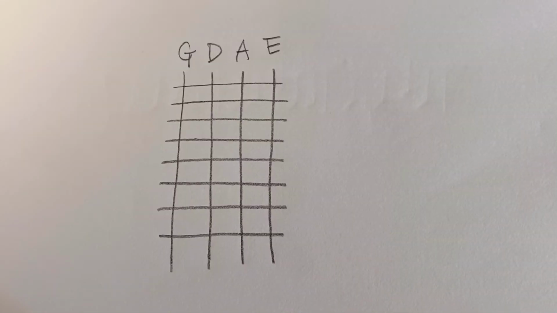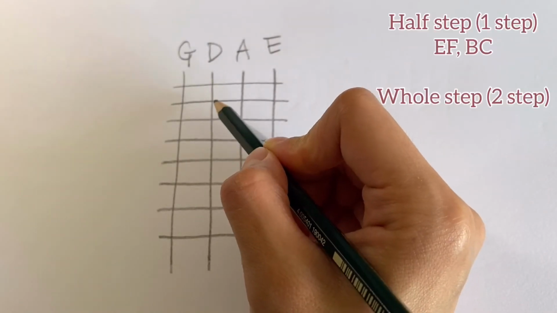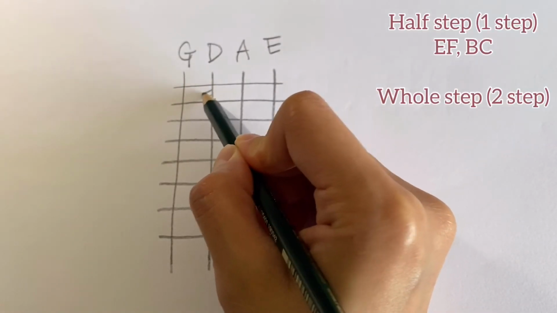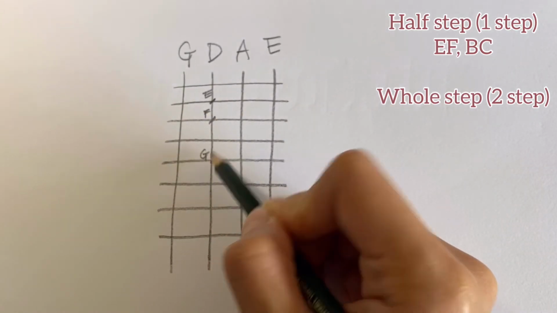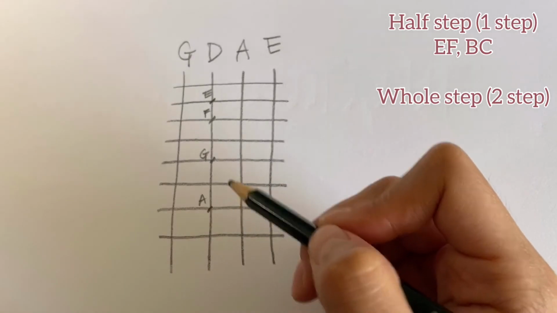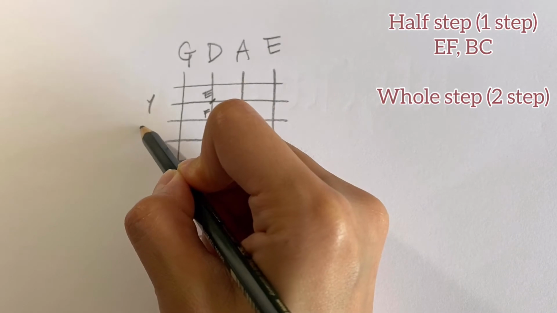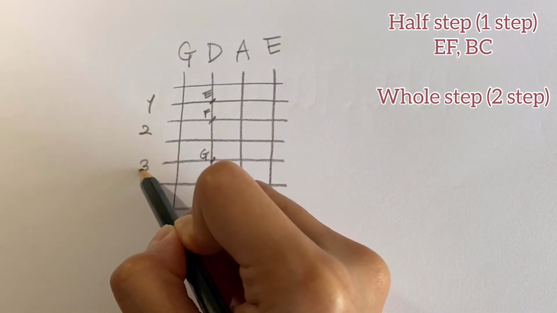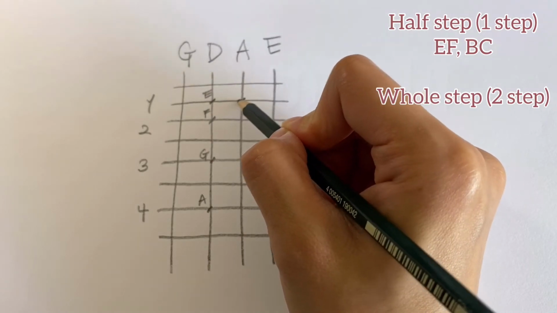Now let's talk about the notes on the violin. So let's just go over the notes like this. On the D string, E, F, G, A. I just assigned the notes based on the half step and whole step. So you draw first finger, second finger, third finger, pinky for each note.